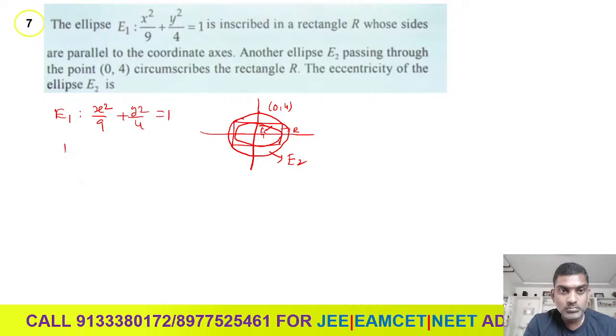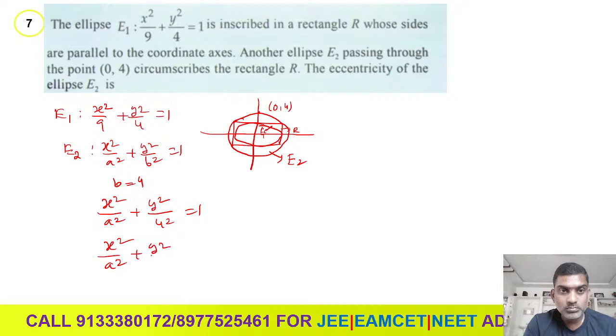So let us take the ellipse E2 as x square by a square plus y square by b square is equals to 1. But from the figure the value of b is 4. Then this ellipse will become x square by a square plus y square by 4 square is equals to 1. So x square by a square plus y square by 16 is equals to 1.